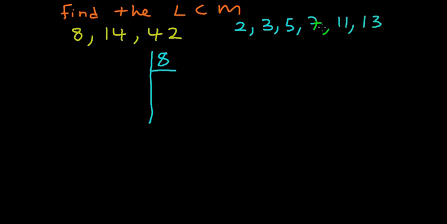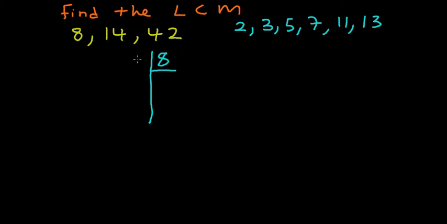Okay, these are the first 6 prime numbers that we have. So you divide with the lowest one. If that one is not able to divide the number, you move to the next and the next and the next until you find a prime number that can divide a given number without a remainder.